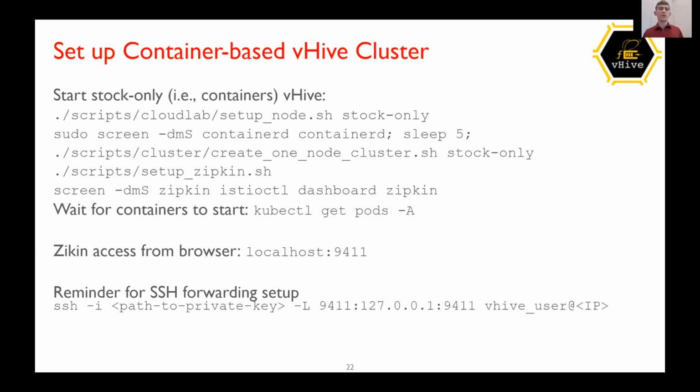An important reminder again: use SSH with port forwarding, so you will actually be able to look at the user interface in the end. If you don't see a user interface, it might be because you have forgotten the port forwarding part in your SSH. This will again take a bit of time, and if there are any questions up to here, feel free to use the time.